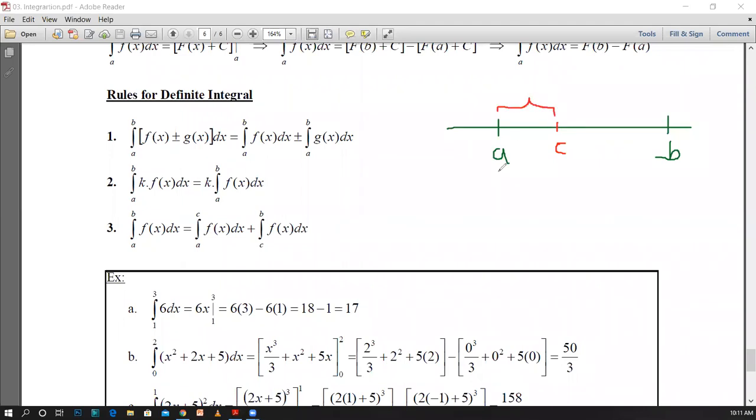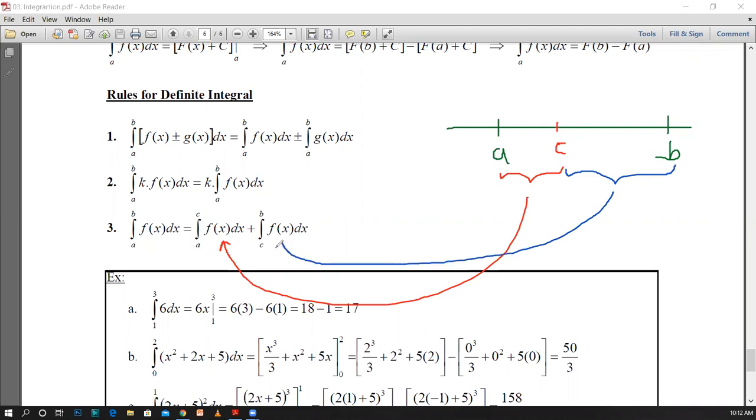So it is the integral of f(x) with respect to x in the region a to c. And then the next region that you need to identify is c to b. The next region is from c to b. Therefore, now you can apply it here: integral of f(x) with respect to x in the region of c to b.